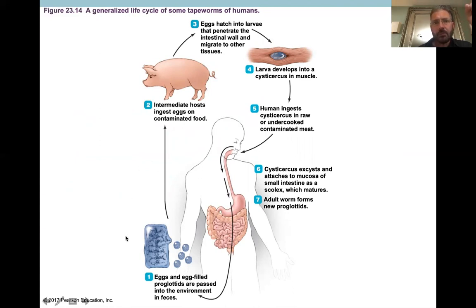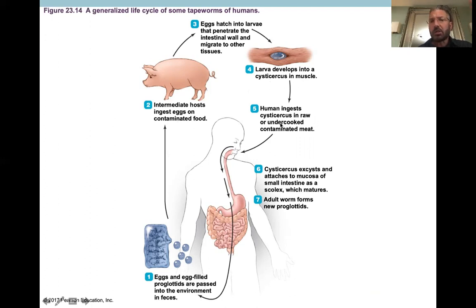All right. So eggs and egg-filled proglottids are passed in the environment in feces. Intermediate hosts ingest eggs on contaminated food. Eggs hatch into larvae that penetrate the intestinal wall and migrate to other tissues. So now this larva is developing into cysticerci in muscle.